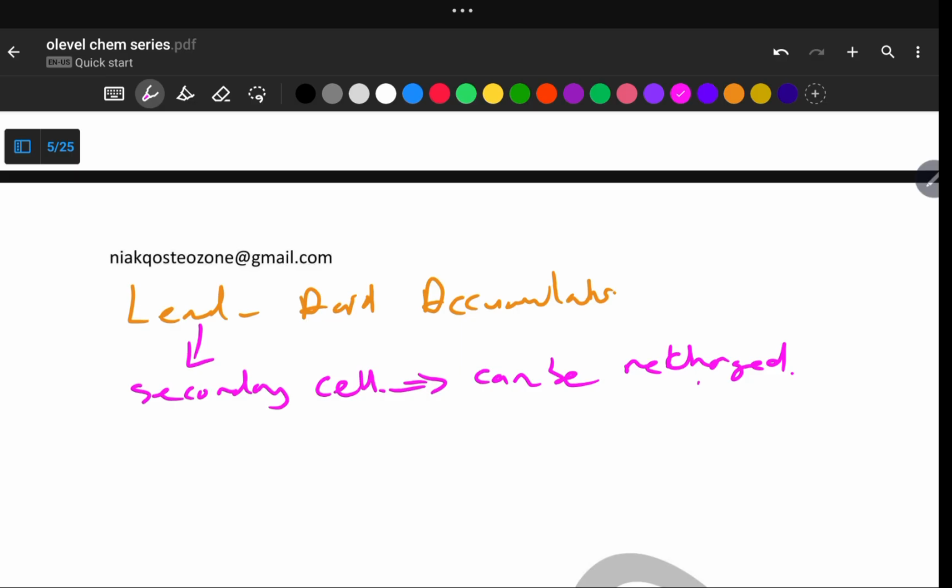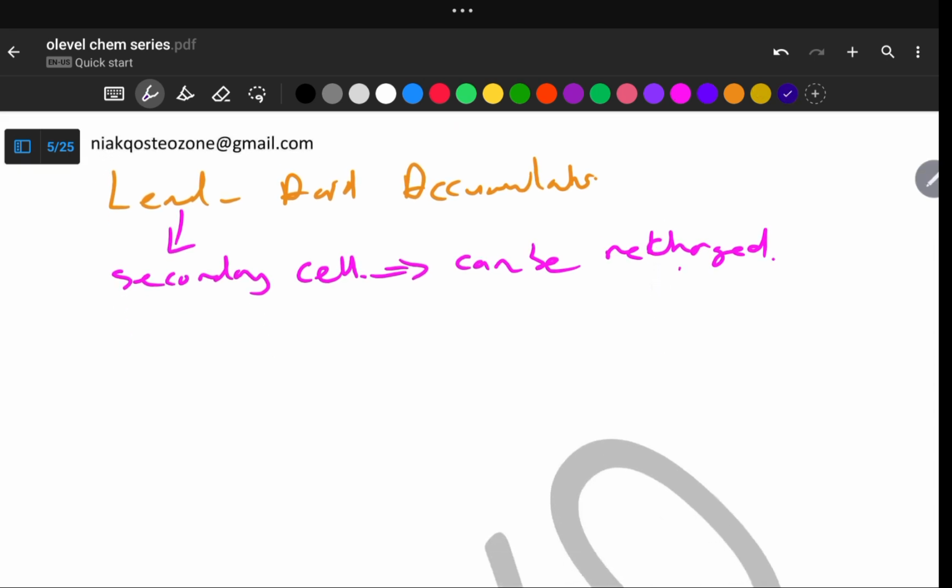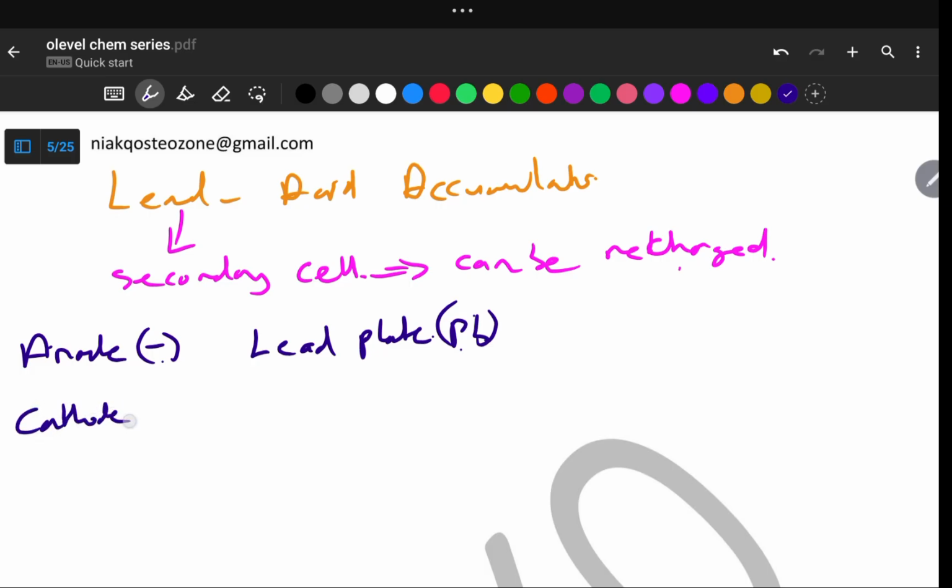So we have the components of this type of cell. We have the anode, the negative one, which is the lead plate, Pb, chemical symbol. And then we have the cathode, which is the positive terminal, which is lead 4 oxide, right?